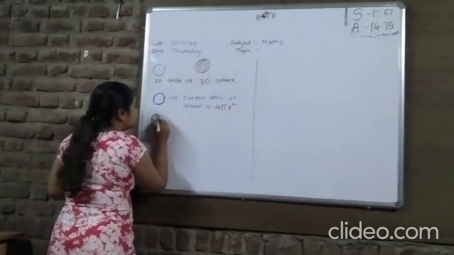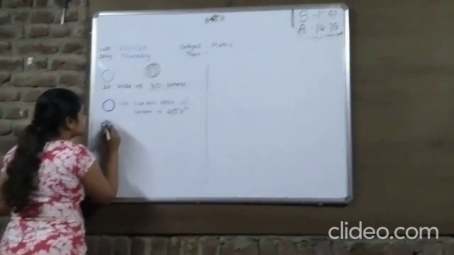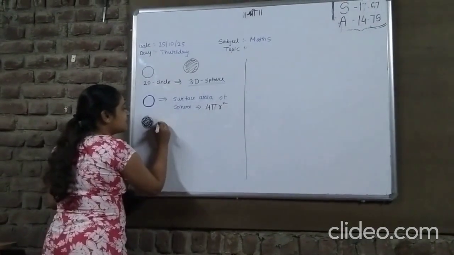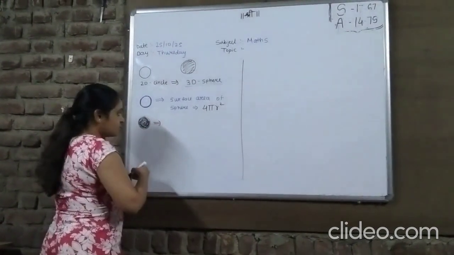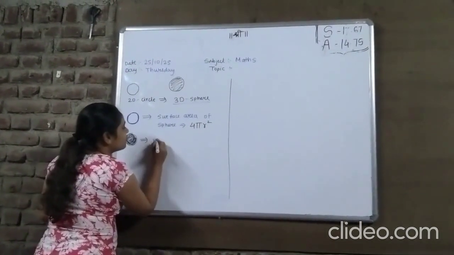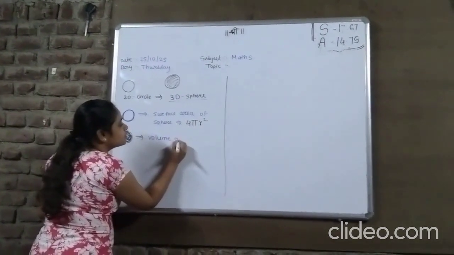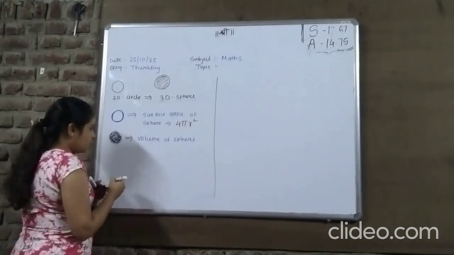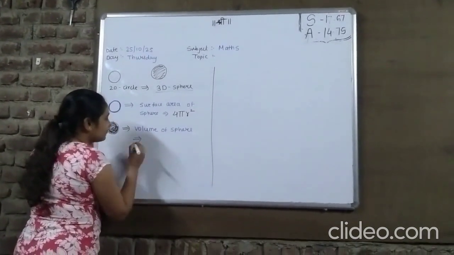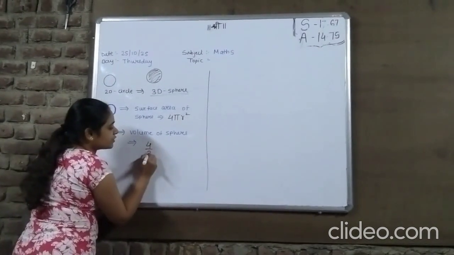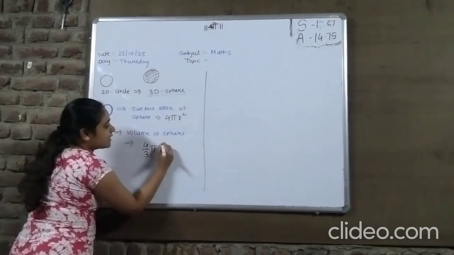So we need to measure its inside part, and this inside part is nothing but the volume of the sphere. The formula for volume of sphere is 4/3 pi r cube.